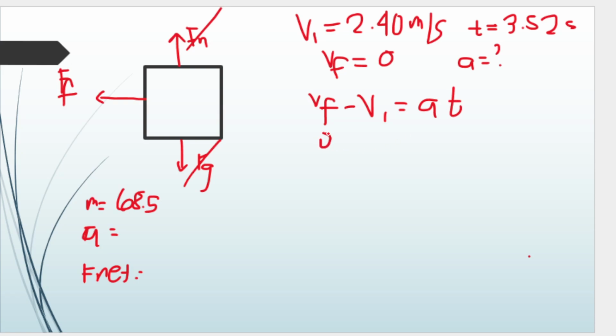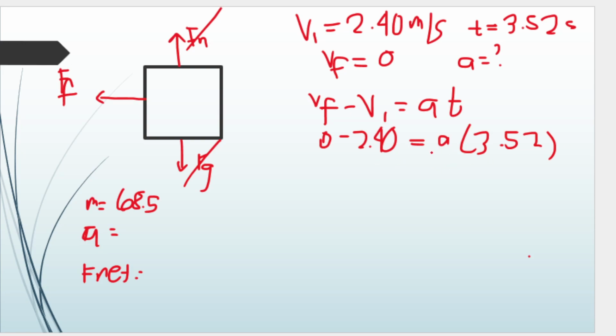So, 0 is equal to the initial velocity, which is 2.40. Then the time, which is 3.52. Sorry for the handwriting ha, kay nag-mouse ra gyud ko.